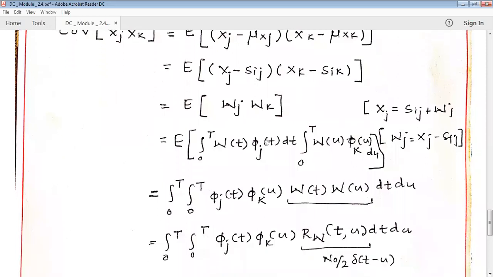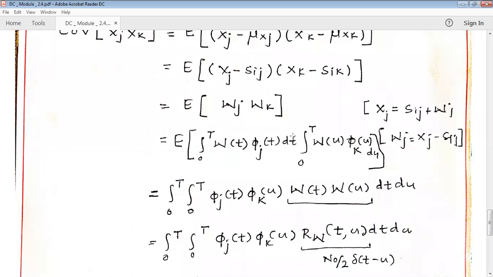And we know that the output of each correlator, either the jth correlator or the kth correlator, can be defined by the integration from 0 to T of w of t phi j of t dt. And for this, Wk is the integral from 0 to T of w of u. Here again, just to distinguish between these two integrations and to avoid confusion, we considered a different variable u for this Wk. So that is w of u and phi k of u du.